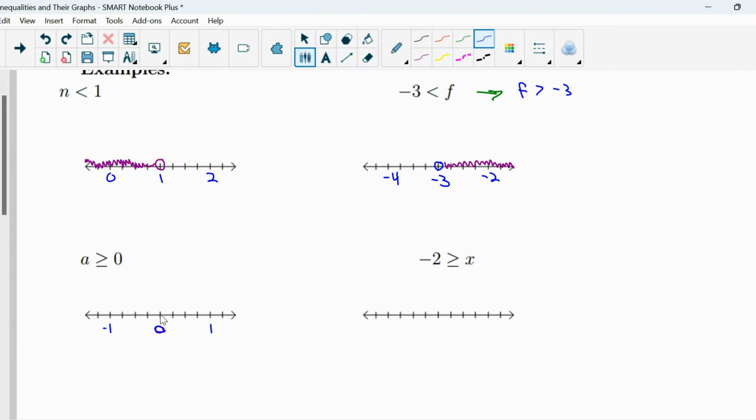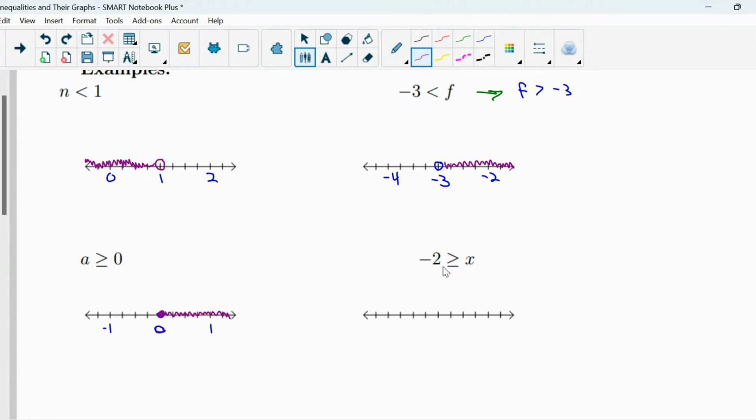So let's plot our point at 0. In this case, we will use a solid point. Now, since our variable is on the left side, let's shade the direction that the inequality is facing, which would be the right side. a is greater than 0, so we are going to shade the side with the greater values.